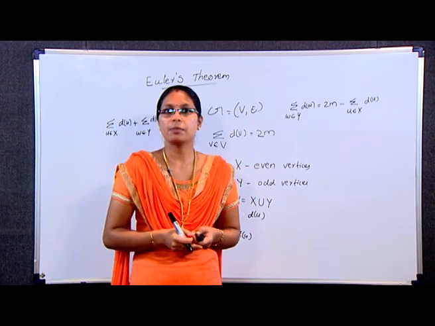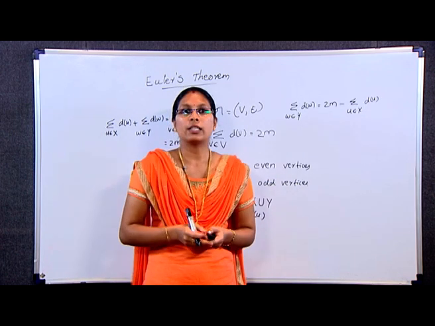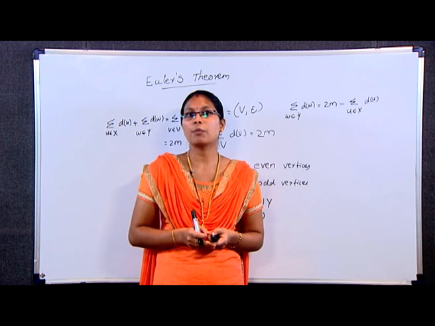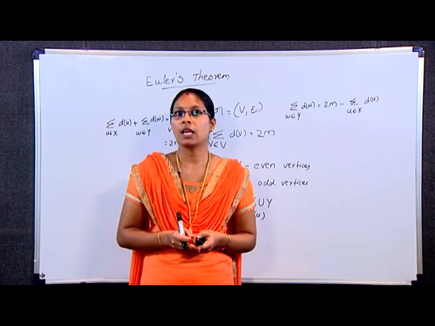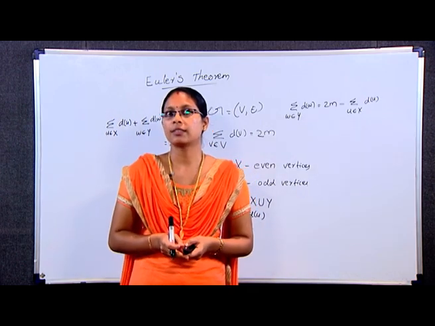As all the terms in the sum over w in Y of d(w) are odd and the sum is even, there must be an even number of terms in the sum. Hence, the number of odd vertices in a pseudograph is even.